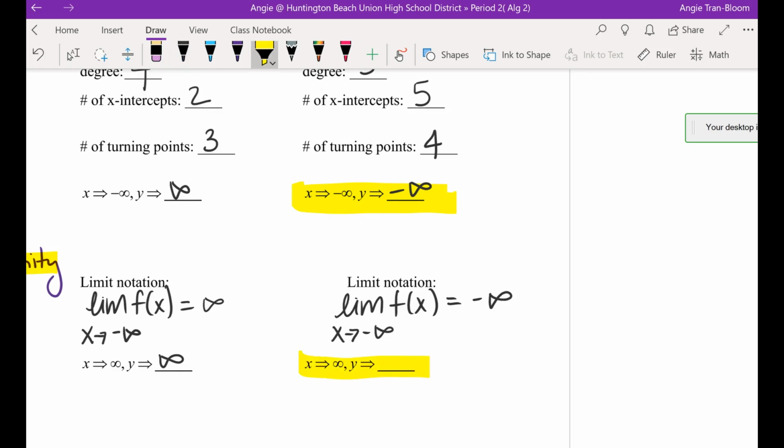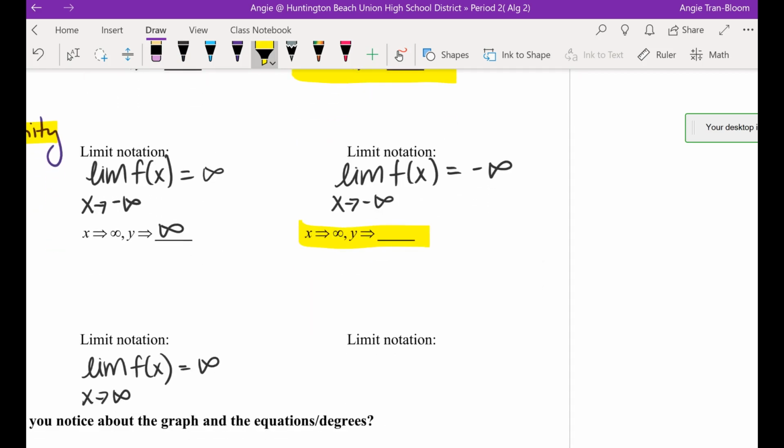Now, Hannah, read this for me, that highlighted one on the bottom. When x approaches positive infinity, y approaches infinity. Good. Limit notation: limit as x approaches positive infinity, like Hannah said, equals infinity.